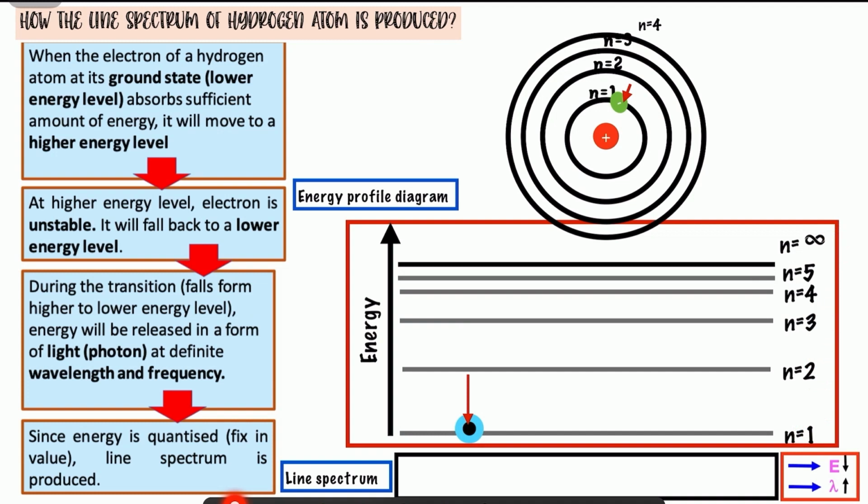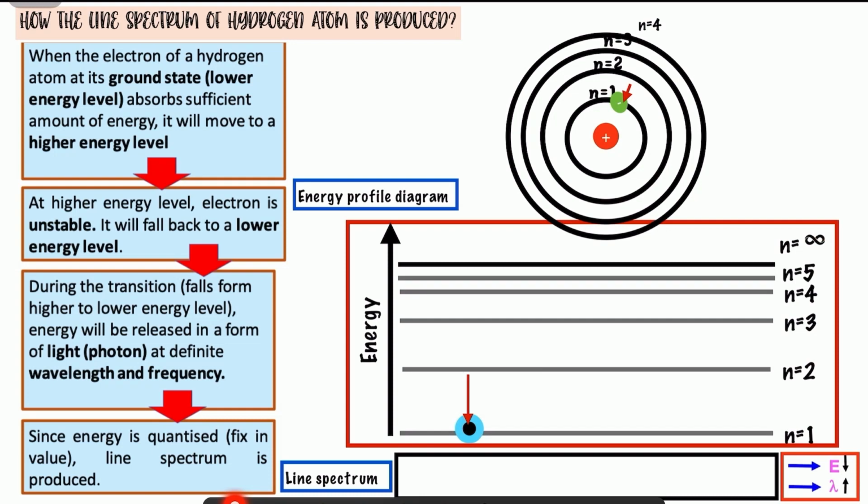To draw this energy profile diagram, you have to make sure that the scale is not the same. You can see that when it's going up, the lines get closer. This is how you draw the energy profile diagram.